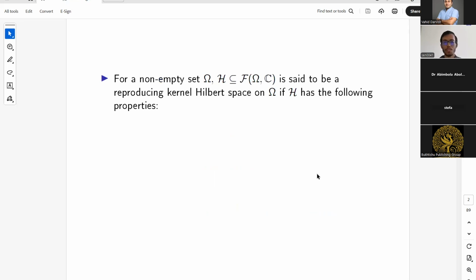First, I start with the definition of a reproducing kernel Hilbert space. For any non-empty set omega, let F(omega, C) denote the set of all functions from omega to C with the additional structure of pointwise addition and scalar multiplication. With this structure, F(omega, C) becomes a vector space, and a subset H of F(omega, C) is said to be a reproducing kernel Hilbert space on the set omega if H has the following three properties.